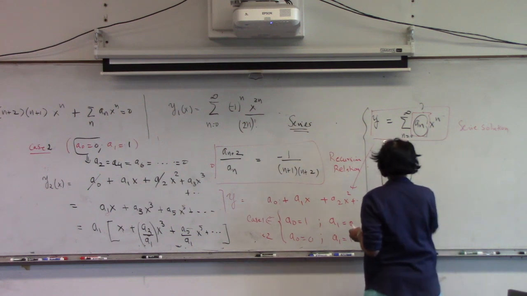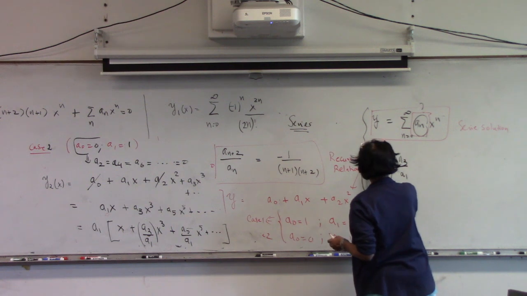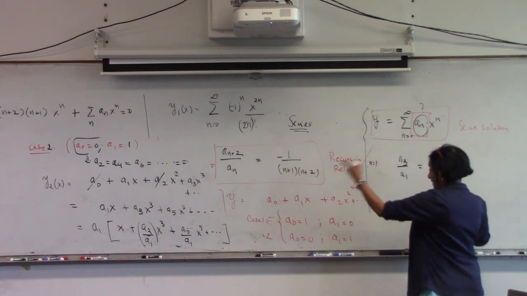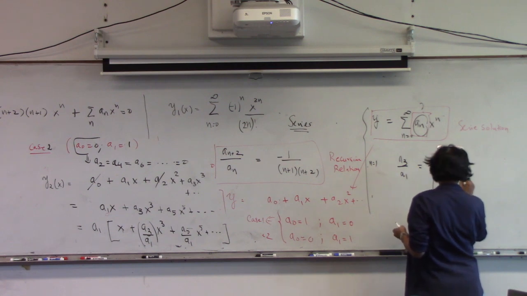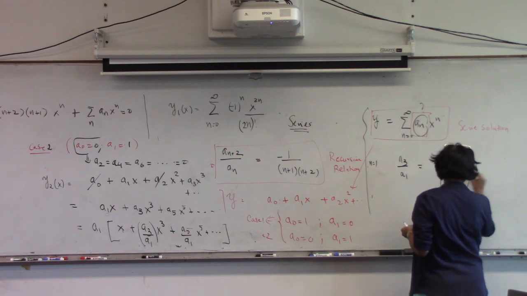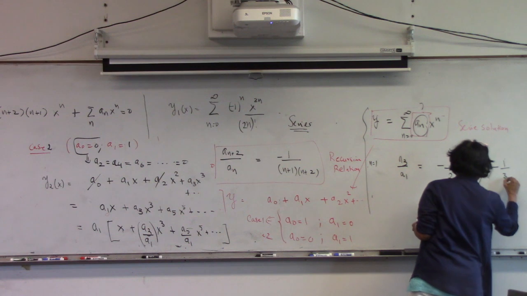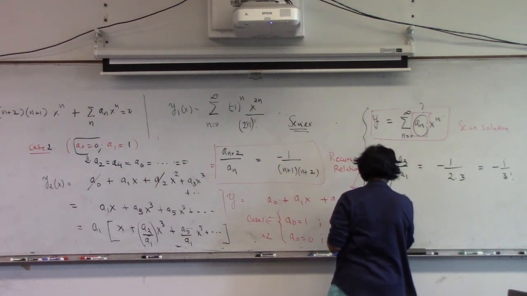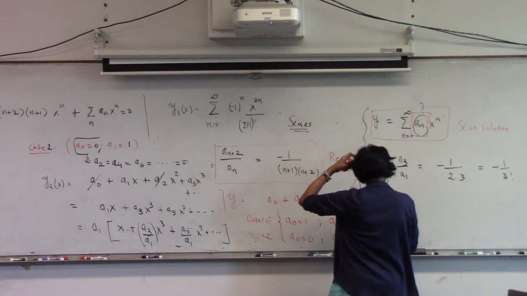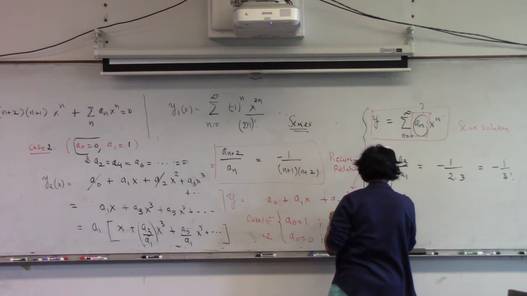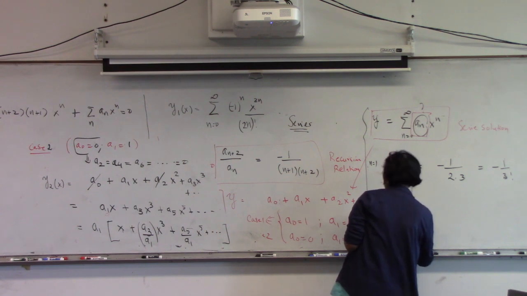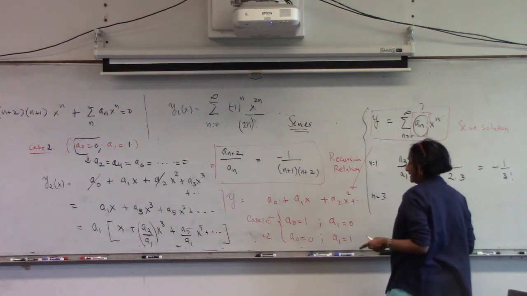What I need is A3 over A1. So I'm going to put n equal to 1. So n equal to 1 is 2 times 3. So this is negative 1 over 3 factorial. And n equal to 3, I will have A5 over A3, right?